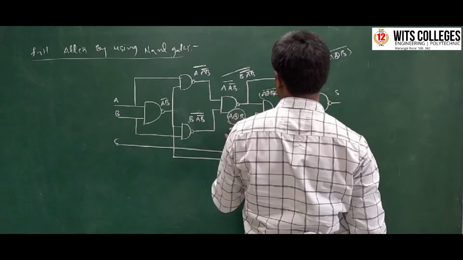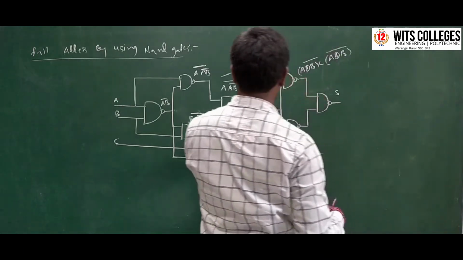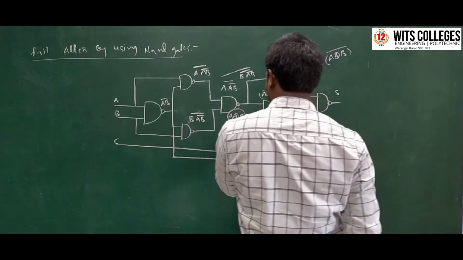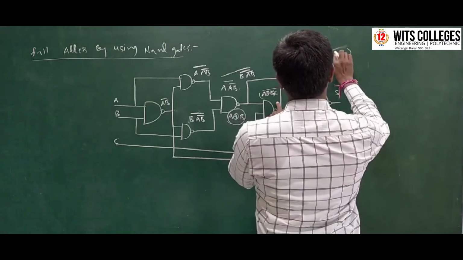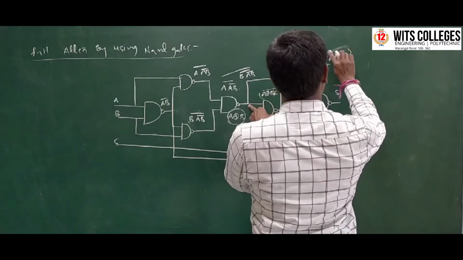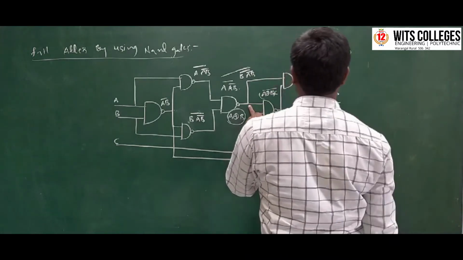So here this is the A exclusive or B, and this is the input for this NAND gate, and this gives the complement output, and here we don't have any complement. This is the total complement here.